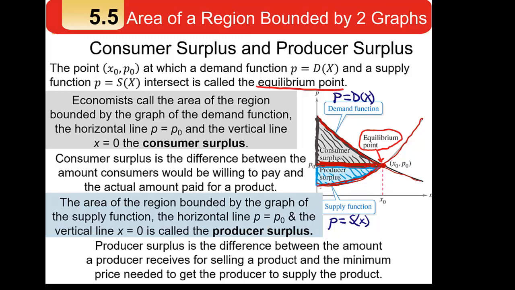The producer surplus is just the difference between the amount a producer receives for selling a product and the minimum price needed to get the producer to supply the product. Again, I'll leave the economic meaning to your economics course, but simply how to do those calculations. And that's how we're going to end this lesson, by doing the calculations on an example.